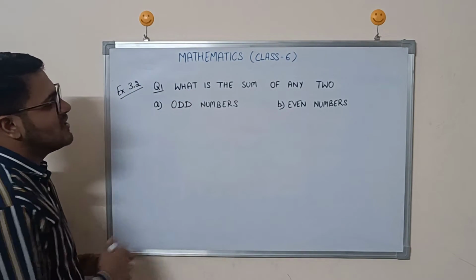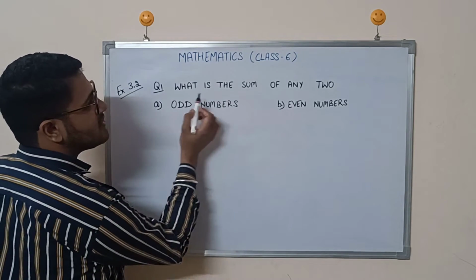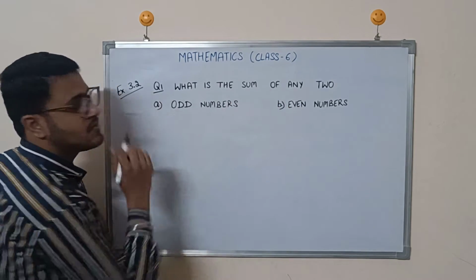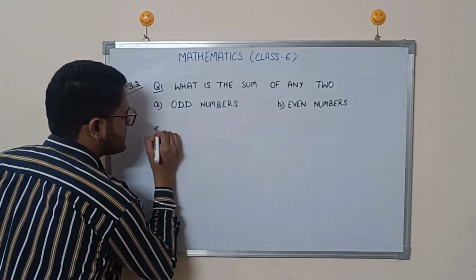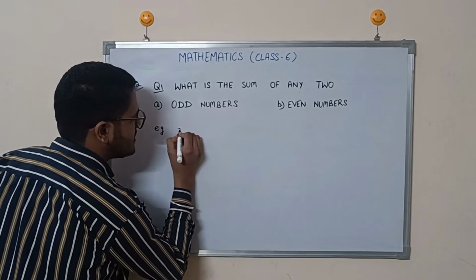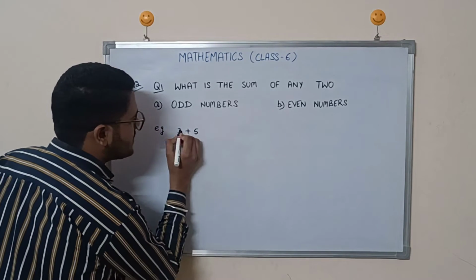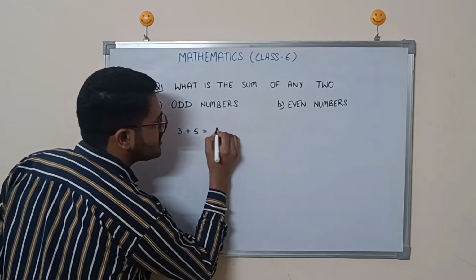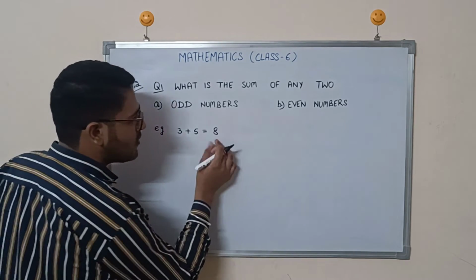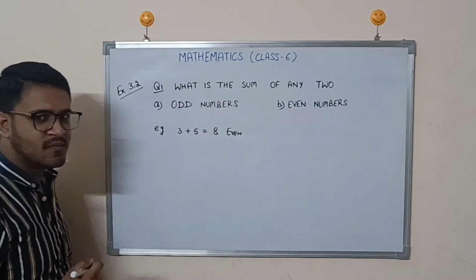The first question is, what is the sum of any two odd numbers? Let's take some examples. Let's take two odd numbers, say 3 and 5, and add them. 5 plus 3 is what? 8, and we all know 8 is an even number, right?